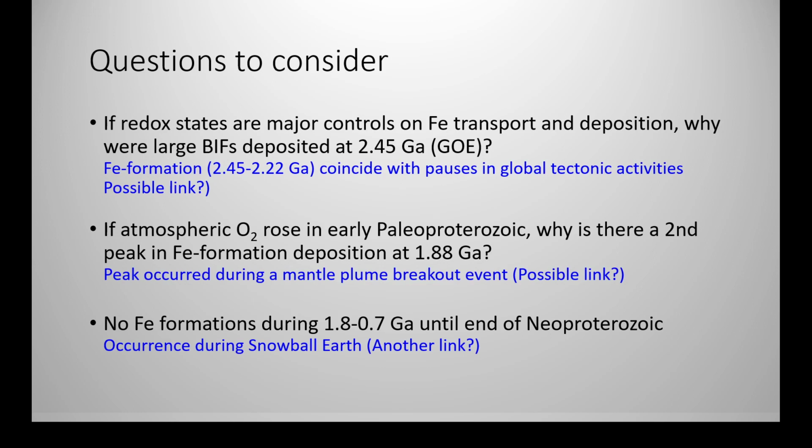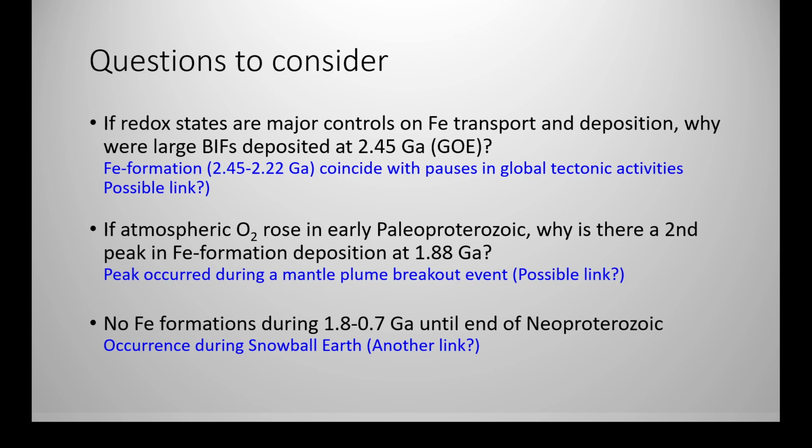Secondly, if the atmosphere of O2 rose in the early Paleoproterozoic, why or how is there a second peak in Fe formation depositions at 1.8 billion years ago? If it was a biological deposition, how could we have this atmospheric O2 in the early Proterozoic still depositing these banded iron formations?